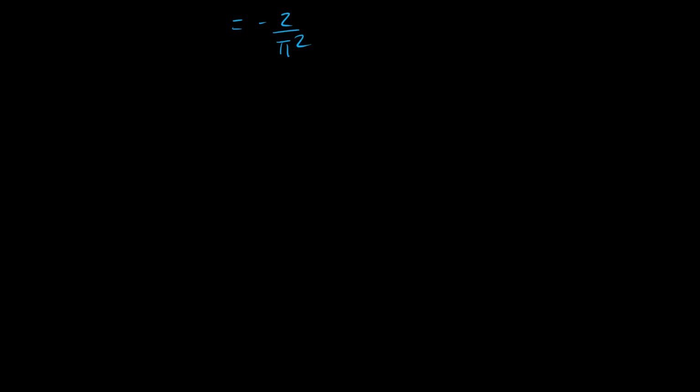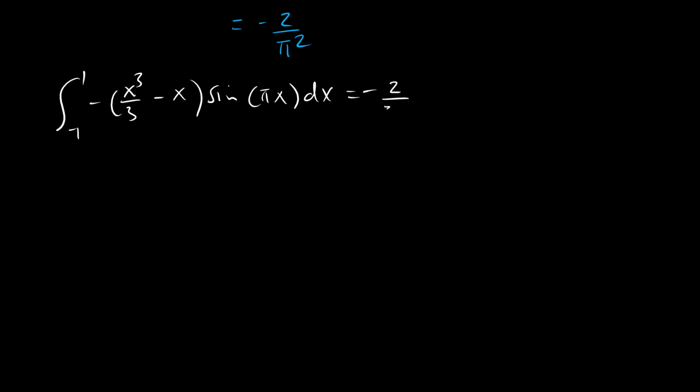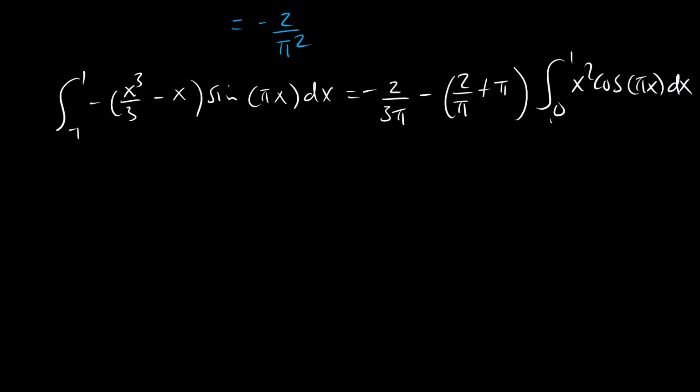Now, initially we had said that our problem, the integral from negative 1 to positive 1 of negative x cubed over 3 minus x sine pi x, was equal to negative 2 over 3 pi minus 2 over pi plus pi times the integral from 0 to 1 of x squared cosine of pi x. And we've seen this to be negative 2 over pi squared.